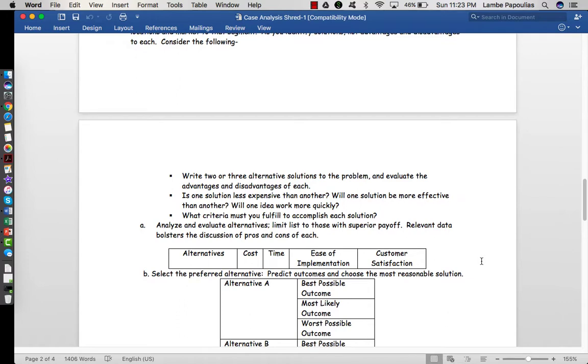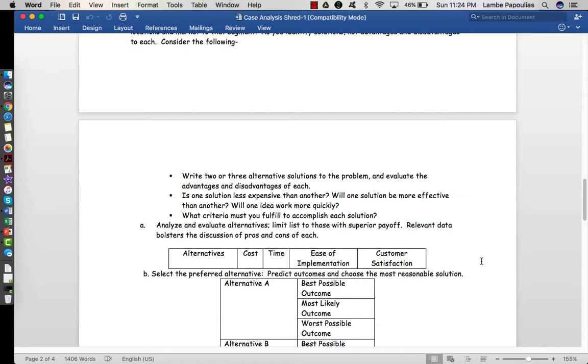Consider the following. Write 2 or 3 alternative solutions to the problem and evaluate advantages and disadvantages of each. Now, in this class, you're only going to need to write 2 different solutions. But for those 2 solutions in your case study, I want you to write the advantages and disadvantages of each. This will help you figure out which is going to be the better solution.